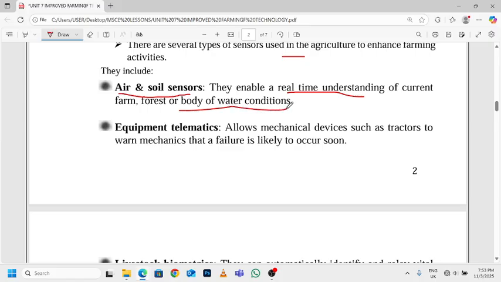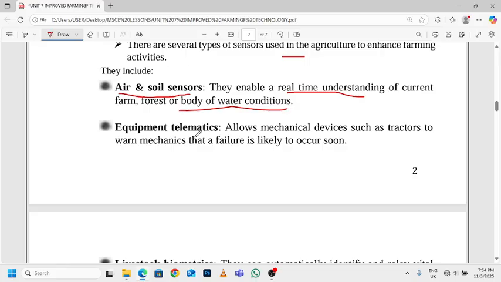They will give you real-time understanding, like how your farm is, how your forest is, and whether the water you have contains chemicals, okay? What quality is the water? Soil, what is the type of the soil that you are using? The soil structure itself. That's the work of the air and the soil sensors.